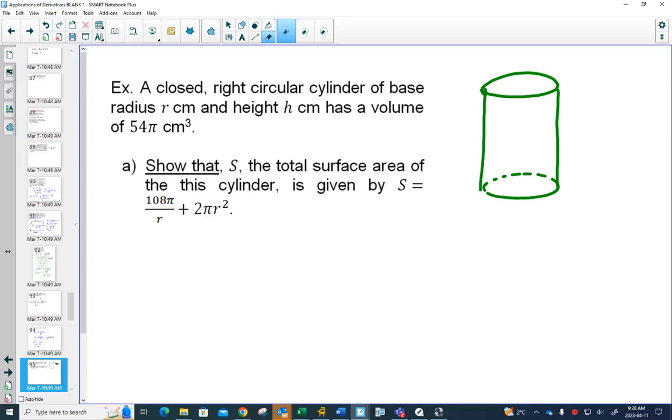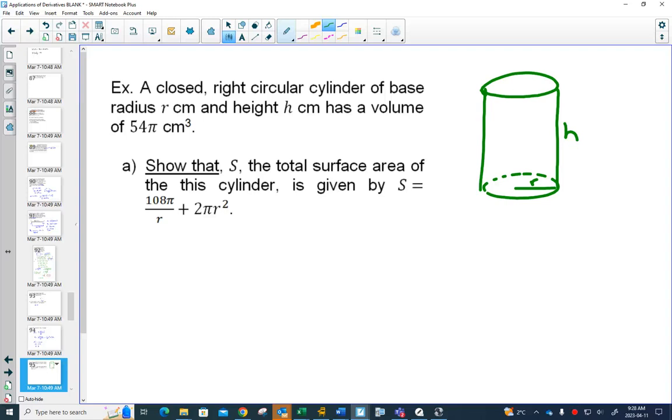So we have all of these other types of cylinders. We want to make sure. Up until now in our language, this would just be what you would think of as a cylinder. Okay? There's a base of radius r, so we know the radius is r, and has a height of h, and a volume of 54 pi centimeters cubed.